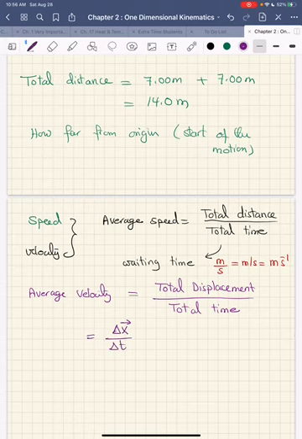And again, the time, if we have a waiting time, it should be included. X final minus X initial divided by time. And this is, again, meters per second.